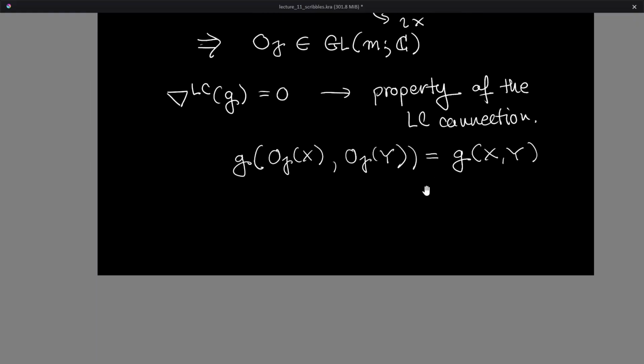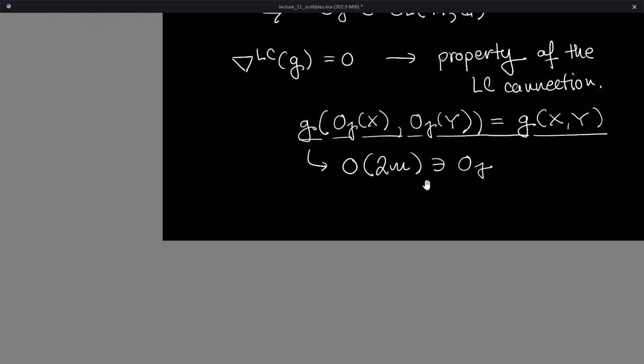And so this means that the holonomy has to respect the group of isometries on the Riemannian manifold, and that is going to be the orthogonal group on 2m, right? So that's the real version of U(m). So O gamma has to be an element of this in order for this compatibility to be true.